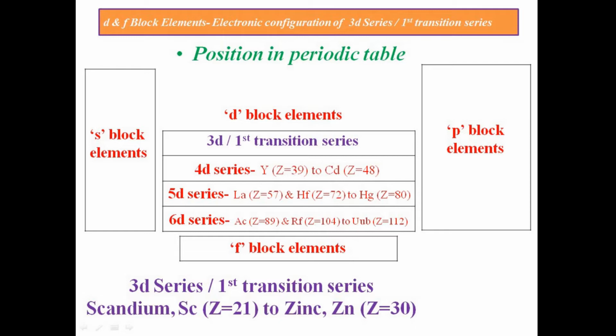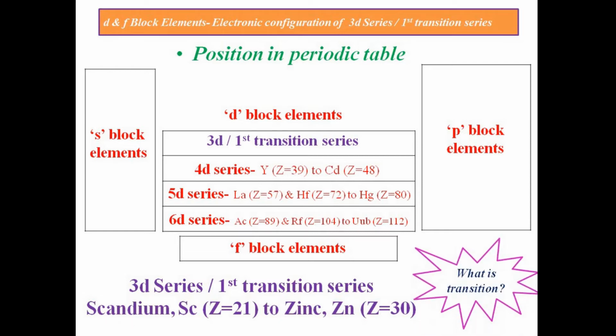Then one more small point: what is transition? Why are these d block elements called transition elements? That we are going to discuss. D block elements are also called transition elements because their properties are intermediate between the properties of highly electropositive s block elements and highly electronegative p block elements.